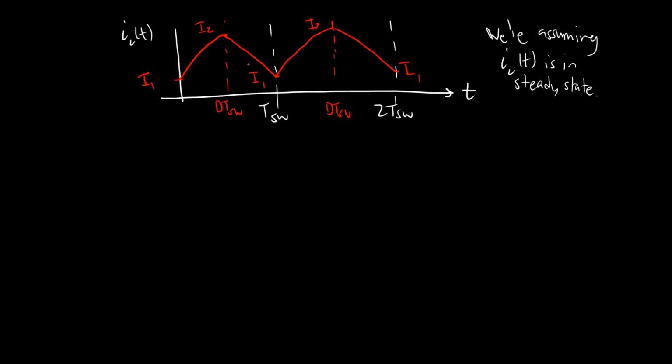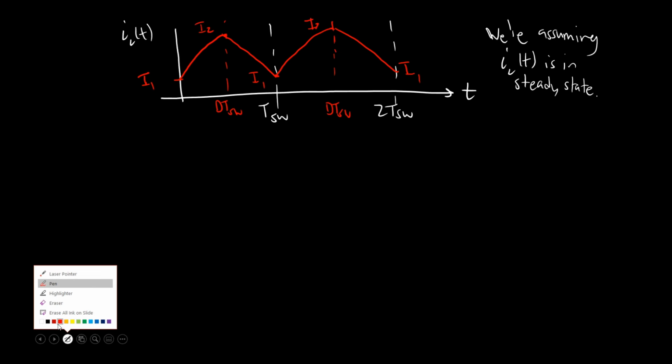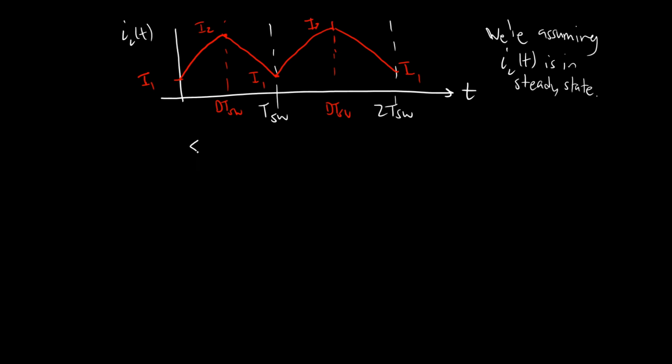So the averages look the same, the waveforms look the same. So one thing you can notice is that the average of this inductor current for, say, the first switching cycle, I'll start it at t equals 0, if we average over this first subinterval, if we're in steady state, it's equal to the average over the next subinterval, starting at TSW.